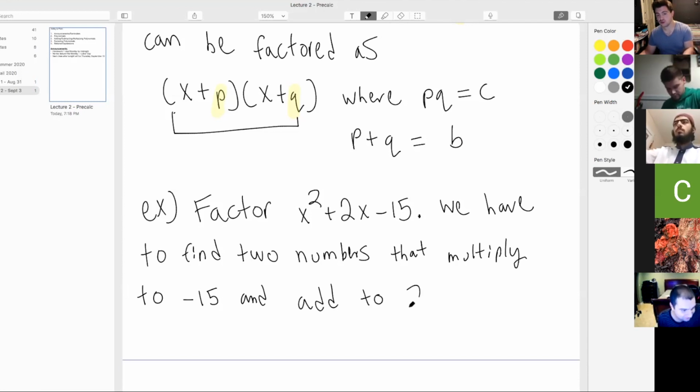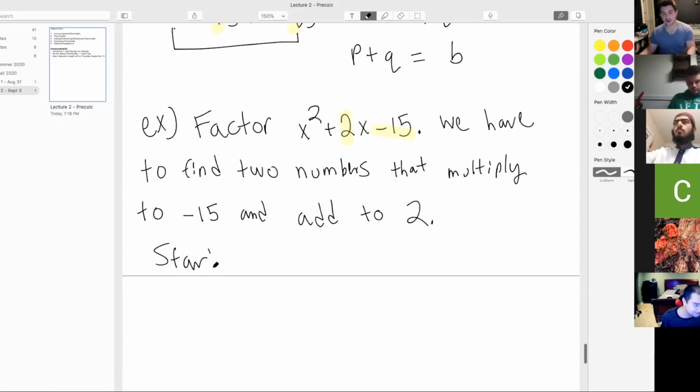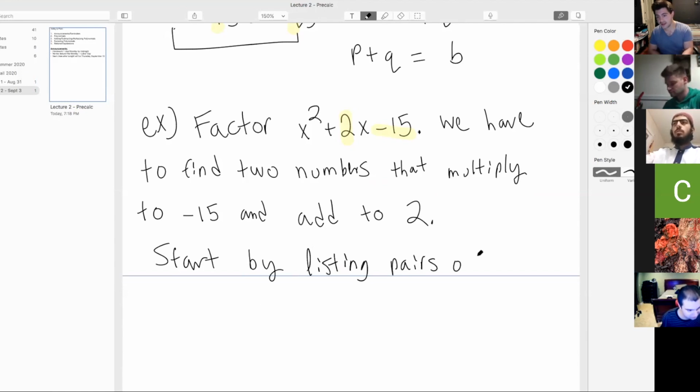So we need two numbers that multiply to the constant term and add to the middle coefficient, the coefficient of the x term. I'm going to go very slow for the first example or two, but later on I'll do this much faster. You start by listing pairs of numbers that multiply to negative 15.